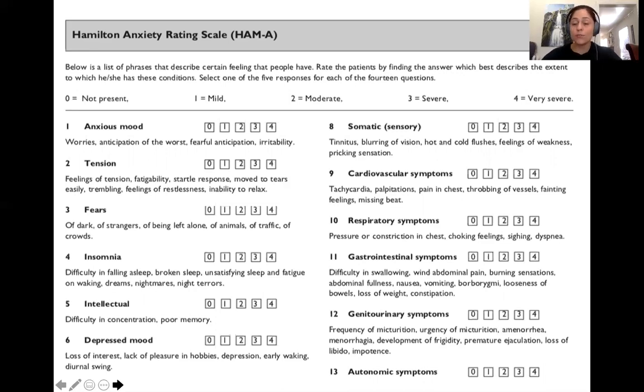You could also, just like with any other measure, use this as a guide for questioning. So you can have this in front of you and modify the questions so that they are questions you can ask in therapy. So for number 1, anxious mood, worries, anticipation of the worst, fearful anticipation, irritability, you could turn that into a clinical question by saying, tell me about situations when you feel very worried and expect the worst, or something like that.